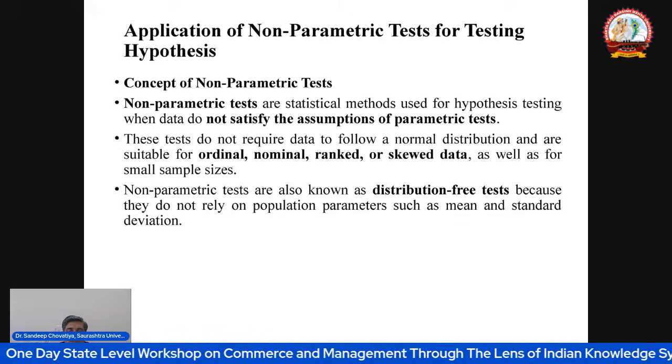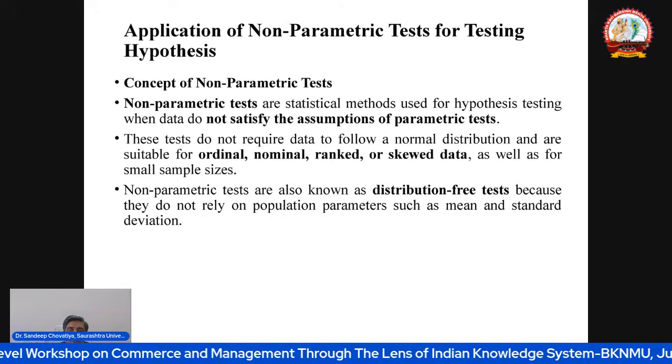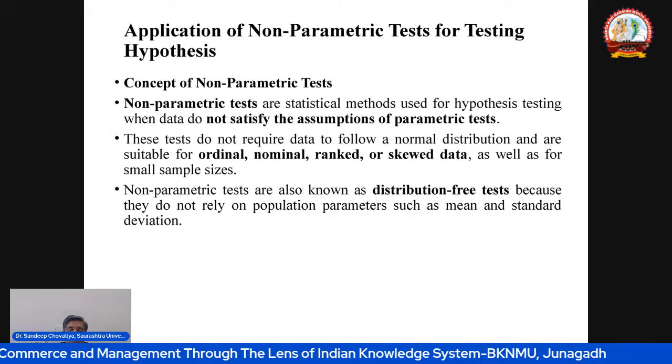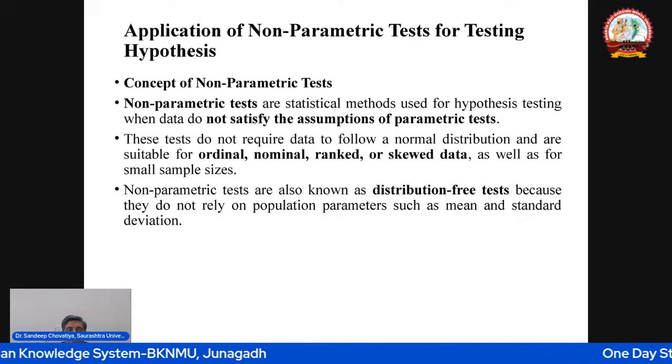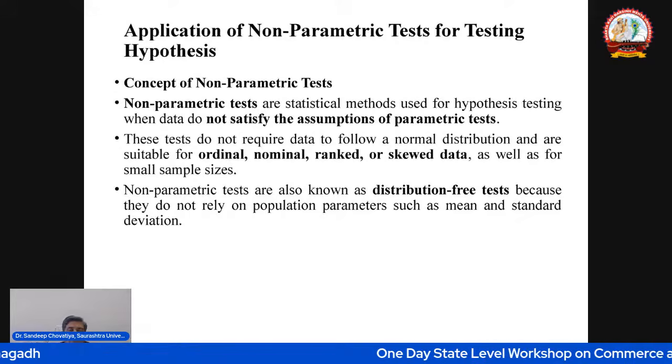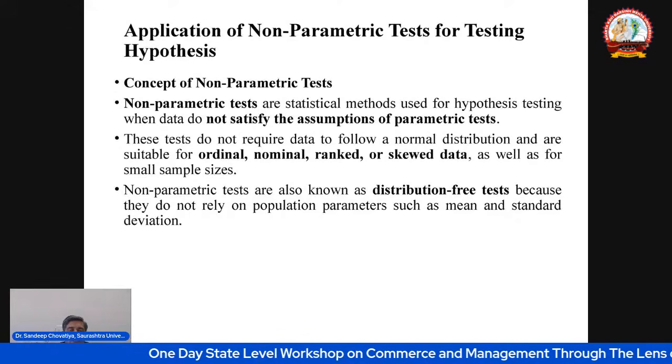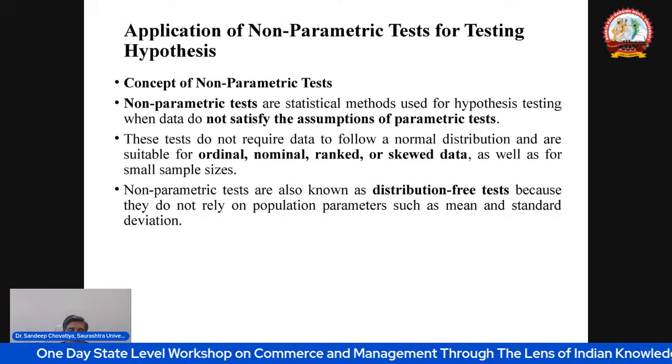Whereas in parametric tests, we have the mean value and variance value of our experimental group. But in non-parametric tests, we do not have the mean and standard deviation values with us.